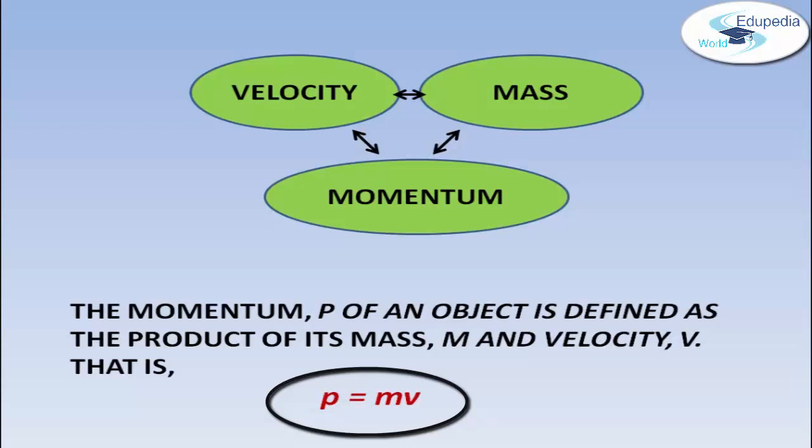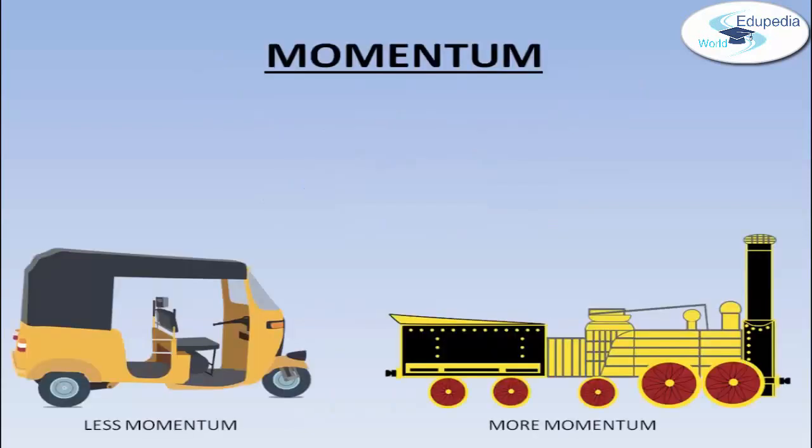So if let's say you have two different objects, first of all you have to check whose mass is more. Whichever object has a greater mass, then the rate of change of velocity will be lesser in that case if you apply an unbalanced force, and hence the momentum will also be more. So that's how we determine the momentum.